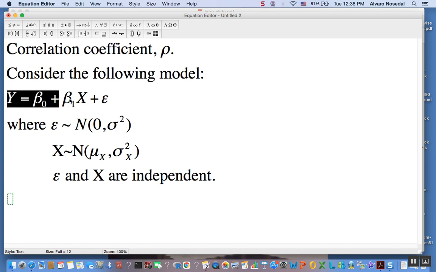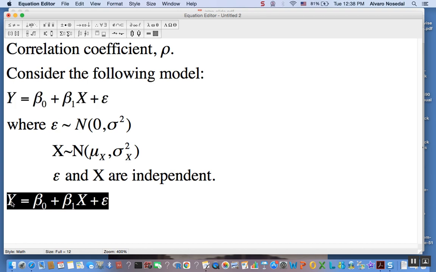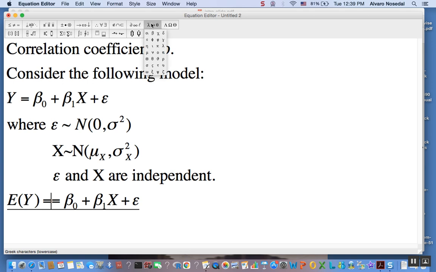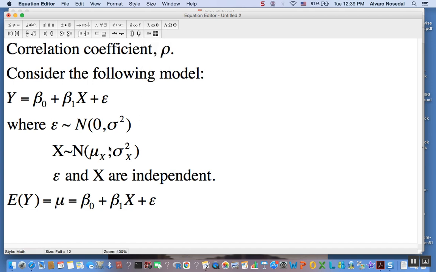So let's find the expected value, the mean of y. So expected value of y, and let me introduce a notation here, similar to the notation we're using for x. Let me use mu sub y to refer to the expected value of the random variable y.